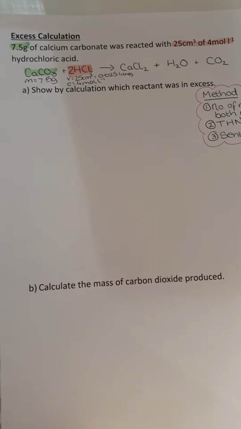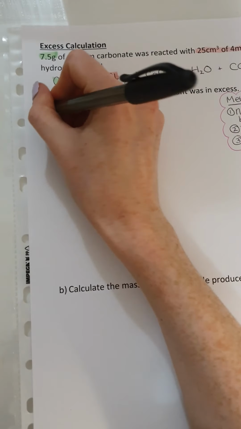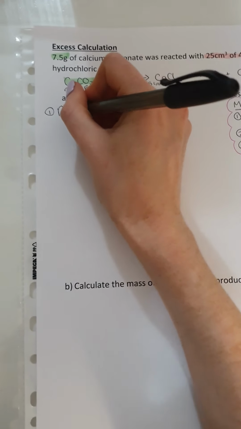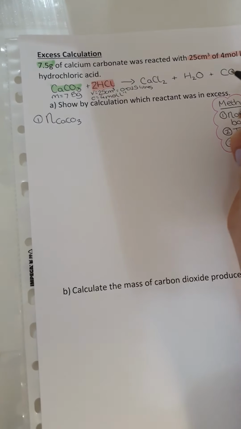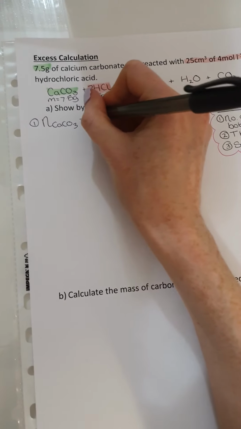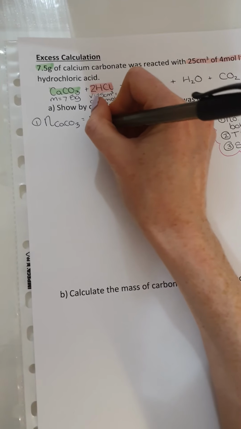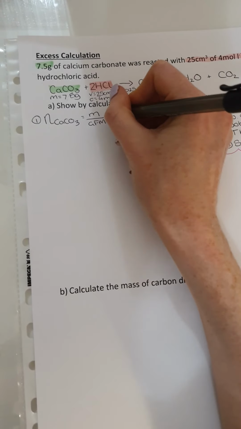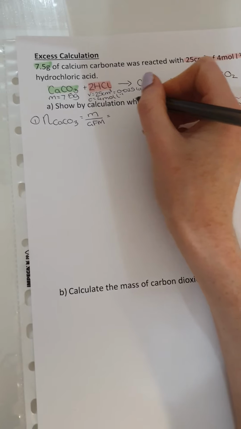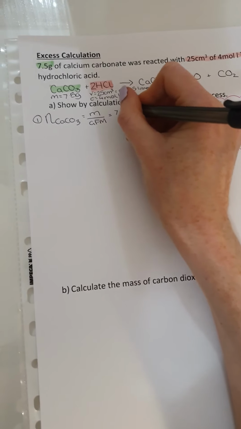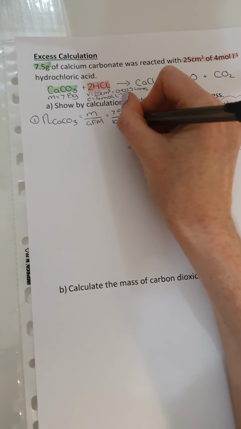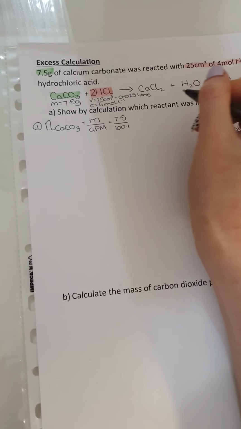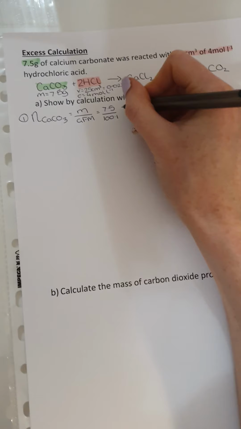So for calcium carbonate, step 1, number of moles of CaCO3. I have a mass, so I'll be doing mass divided by gram formula mass, which is 7.5 from the information divided by 100.1 if you calculate that.